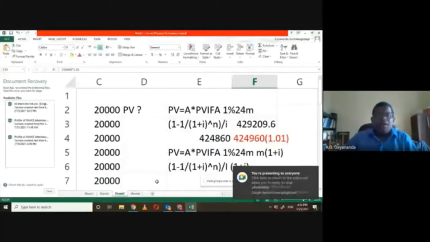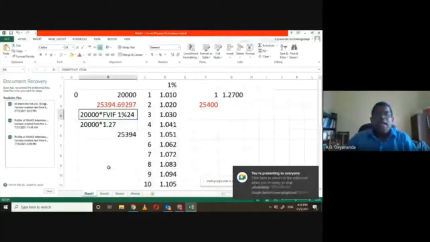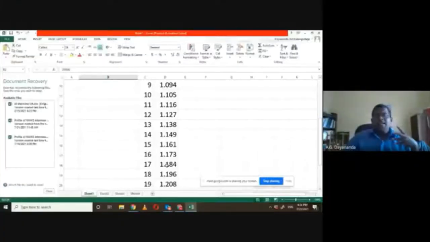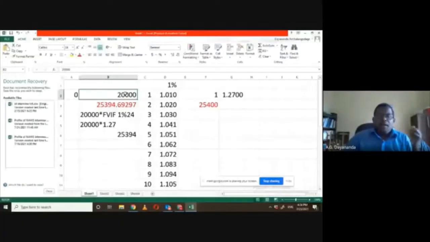But just to highlight, here you see that what we do is calculate the future value at the end of 2 years. I'm talking about the second question: 20,000 deposited for 2 years. What would be the future value? So we multiply by 1 plus r.